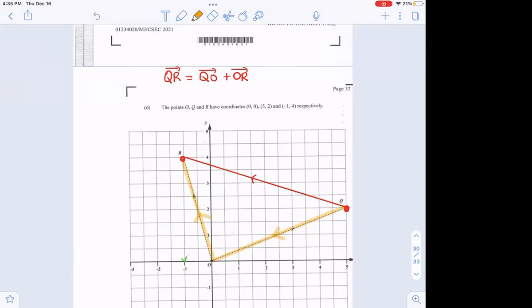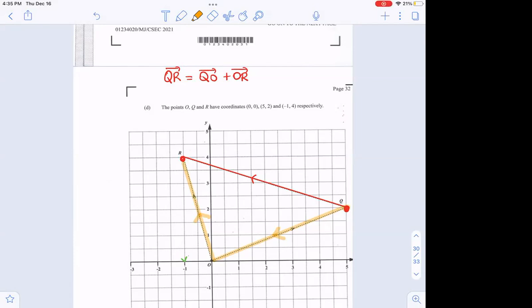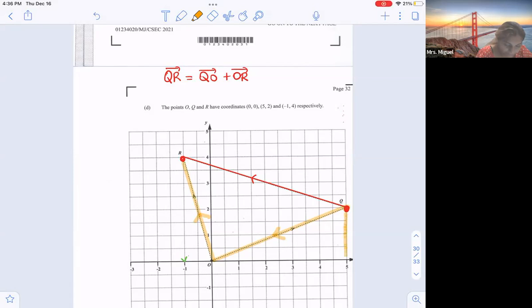Yes, miss. Right. Now, what is the vector? What is the coordinate for Q? 5 is the X. What is the Y? 2.